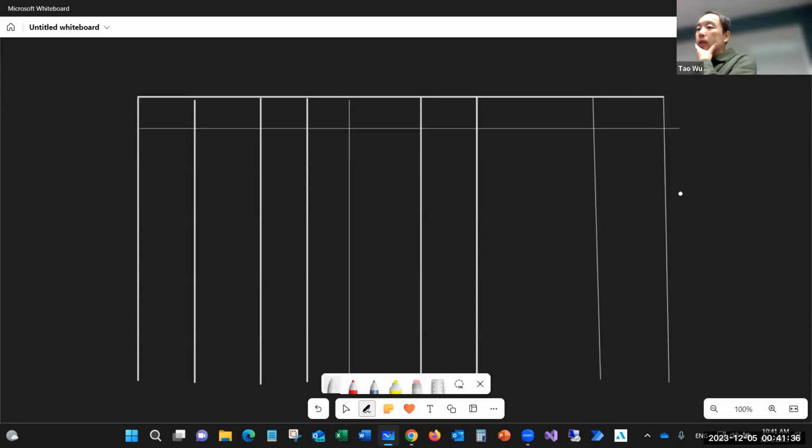Okay, so let's start. The first part is called the number of electron domains. And then the second part is the electron domain geometry. Then the third column is called the number of bonding domains.